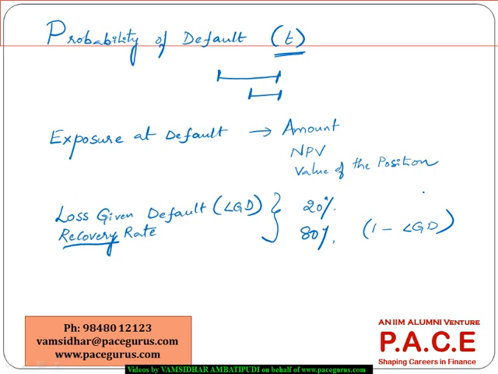But at the same time, what we could see is there could be a strong correlation between the probability of default and loss given default, because in general, if the probability of default is very high, it means that the chances that this party will default is going to be very high. What we could see is those kind of firms tend to borrow more also, which means the loss given default also is expected to be much higher.